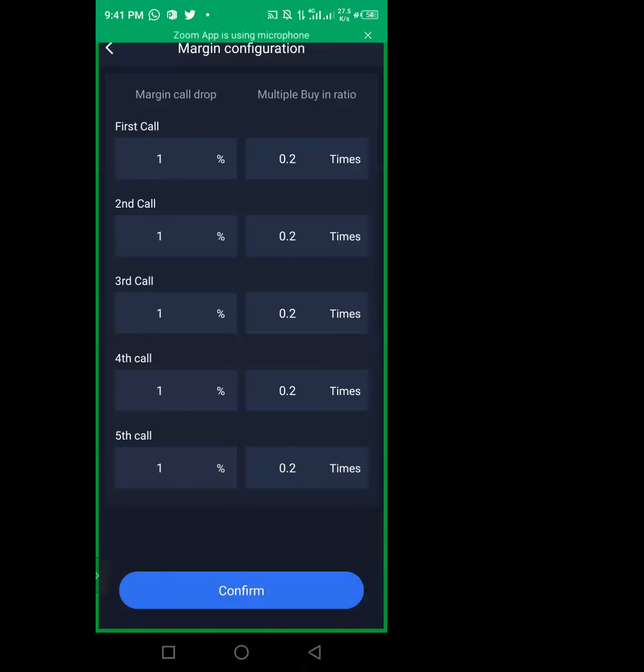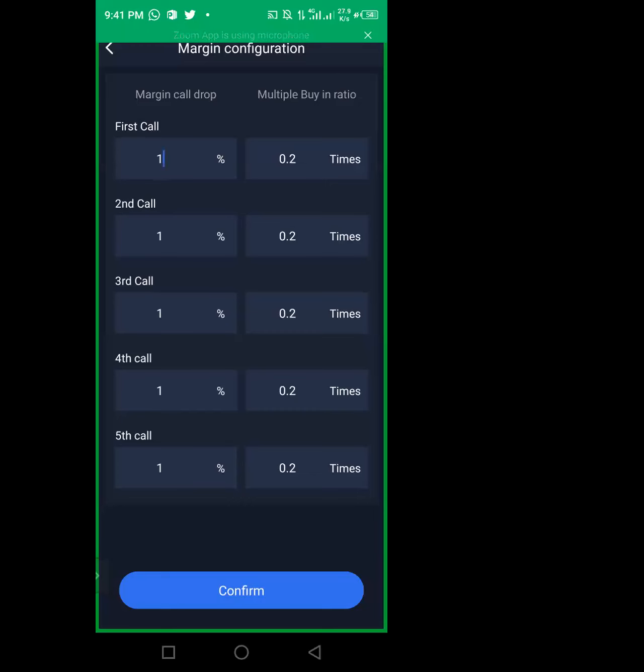Remember, if this coin recovers by 5% now, you have already entered floating profits on your main first buy amount. Are we following? Your margin call drop, the total to your fifth position is 5% drop. If this coin, after buying your fifth call, increases by 5%, you're already in floating profit of your first buy amount.